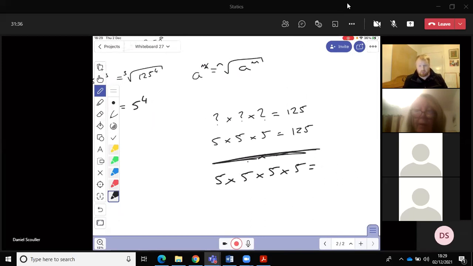What does that equal? That is quite a tough one. We know 5 times 5 is 25, times 5 is 125. We already did that. Now we need to multiply it by the other 5 as well. Could this come up in a non-calculator? Absolutely. So just work through it. It's 125 times 5.